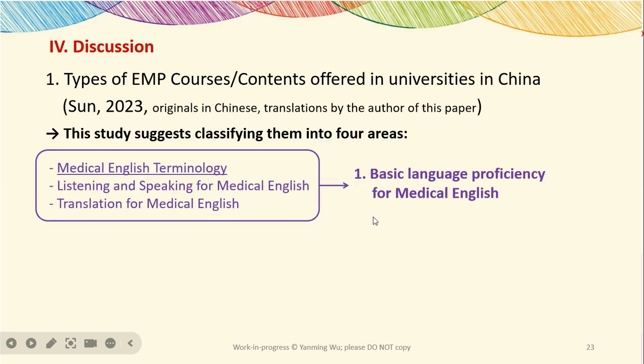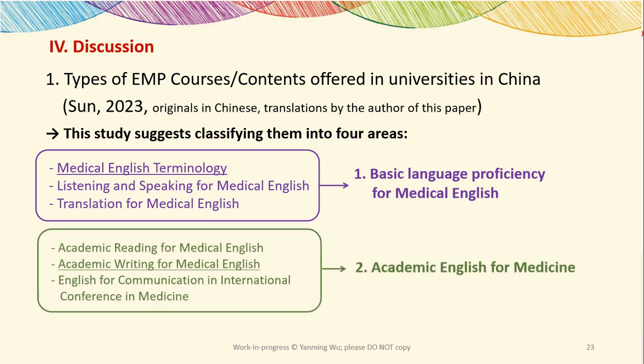One is basic language proficiency for medical English, such as medical English terminology, listening and speaking for medical English, and translation for medical English. The second area is academic English for medicine, such as academic reading, academic writing, or English for communication in international conferences in medicine.